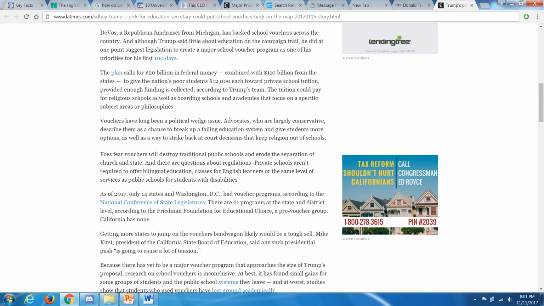But you can read more about these plans. Only 14 states and Washington DC had voucher programs in the US.